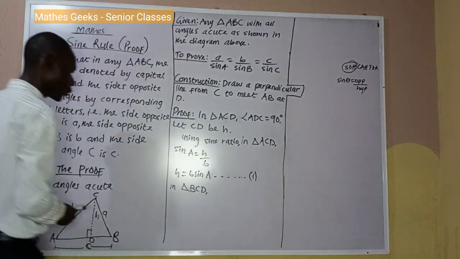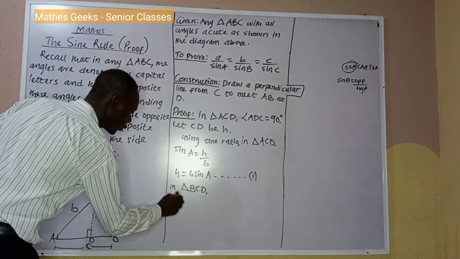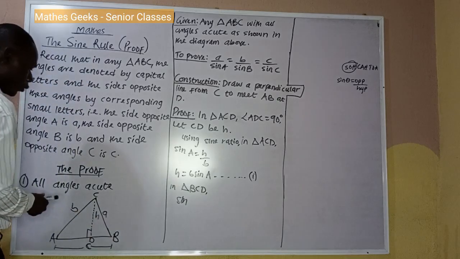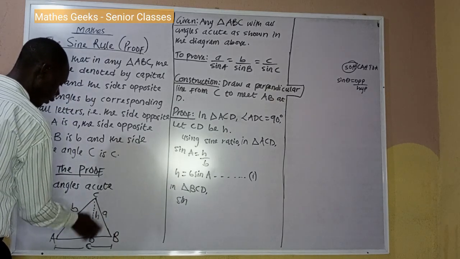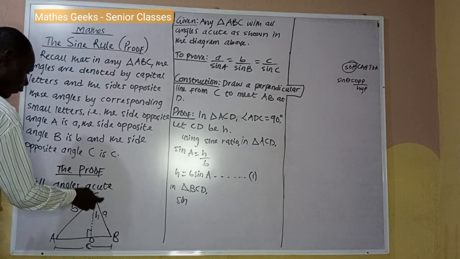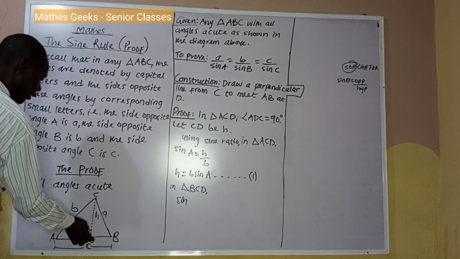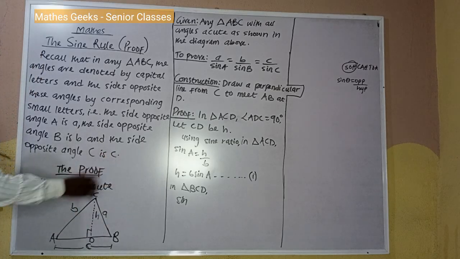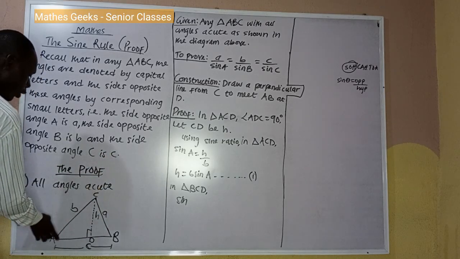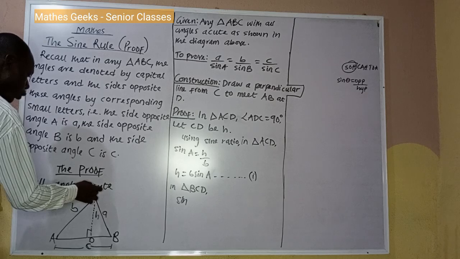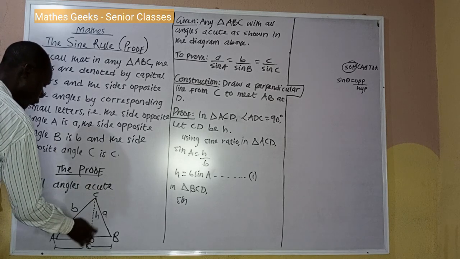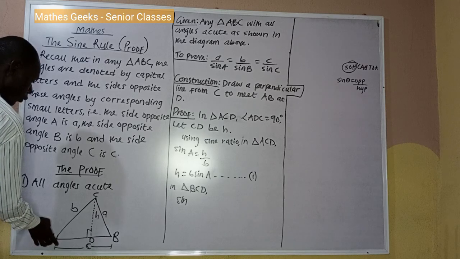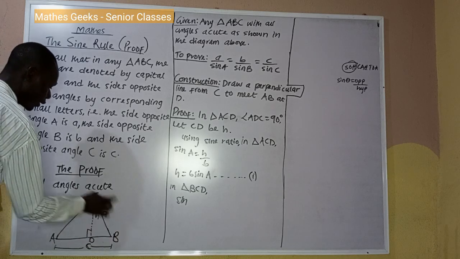What we got was that when we drew a perpendicular from C to meet line AB at D, the perpendicular divided the whole triangle into two triangles, triangle ACD and triangle BCD.